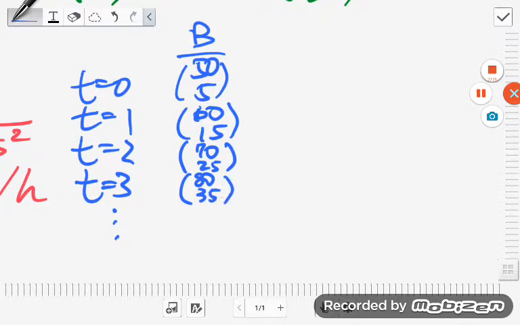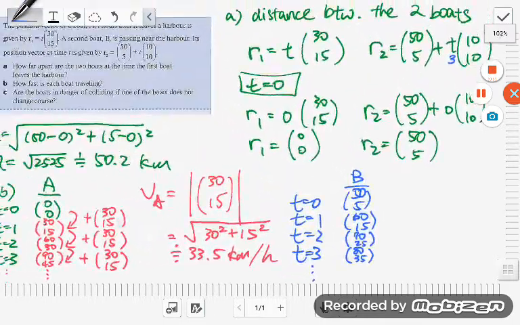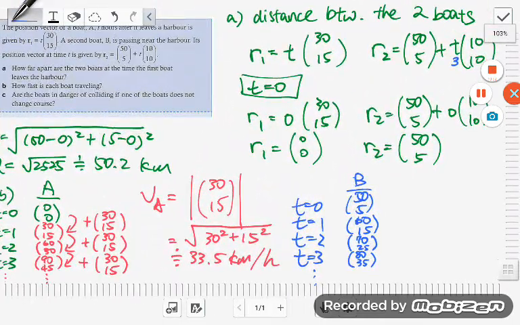Okay. Now, let's see if there's a constant rate of change. There should be, right? Whenever time goes up by 1, I am adding 10.